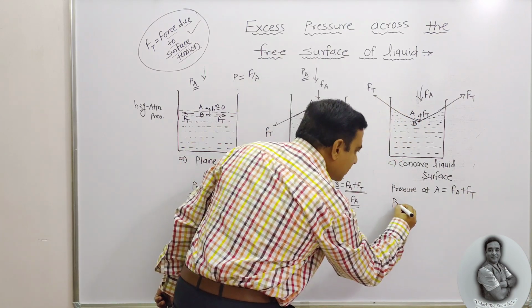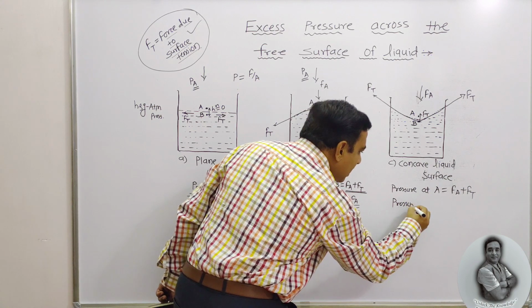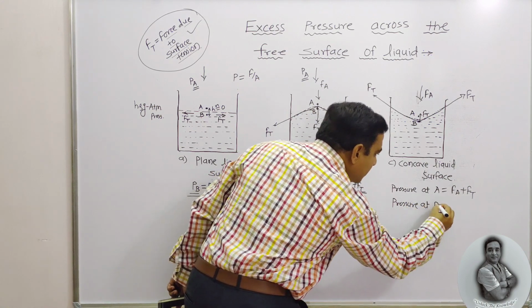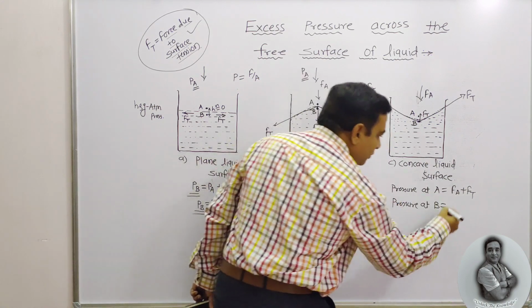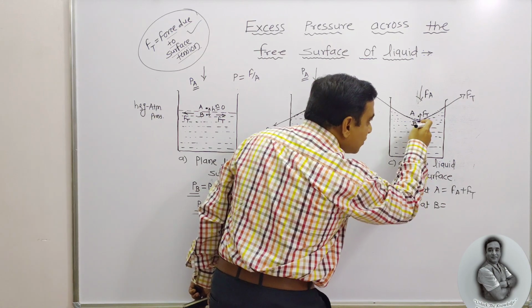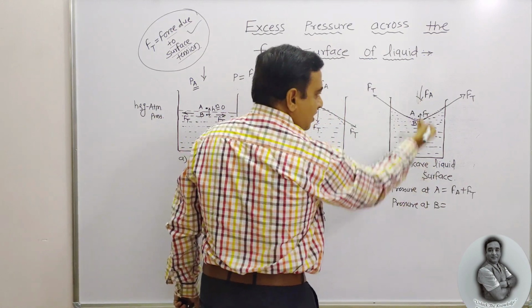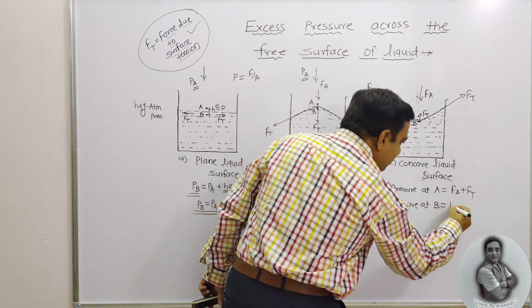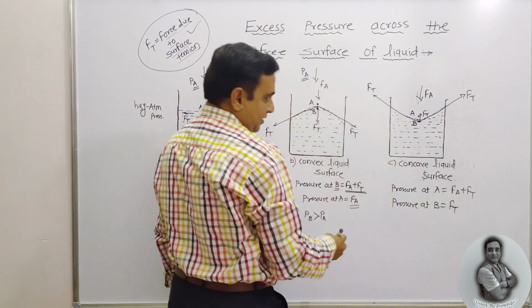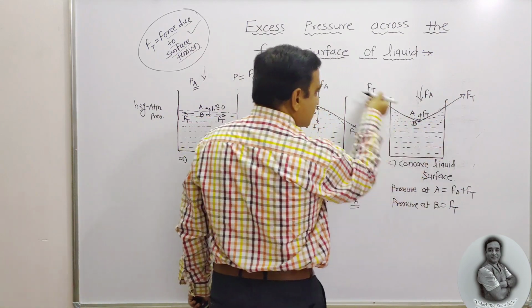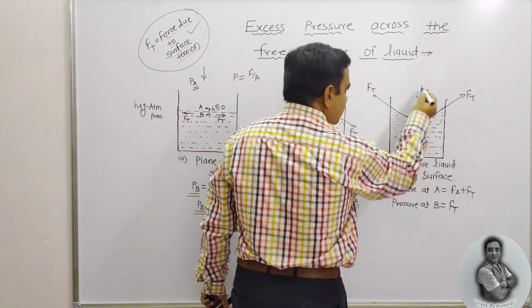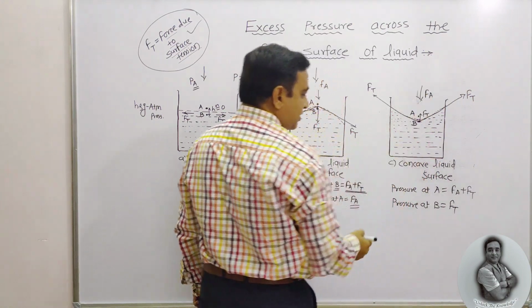But the pressure at B is equal to only the resultant force Ft acting due to the tangent which is drawn to the surface, and the resultant force is in the upward direction.